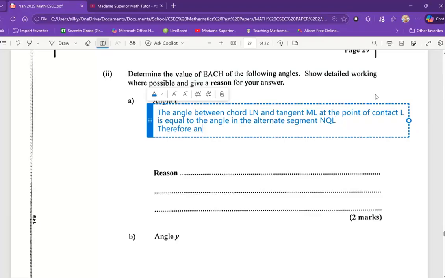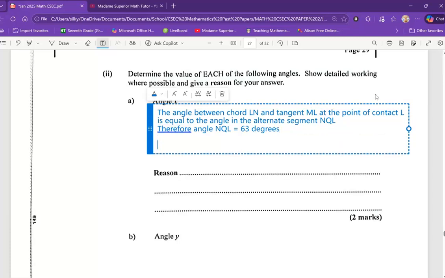Therefore, angle NQL equals 63 degrees. And since angle NQL equals angle X from part 1, then angle X is equal to 63 degrees.